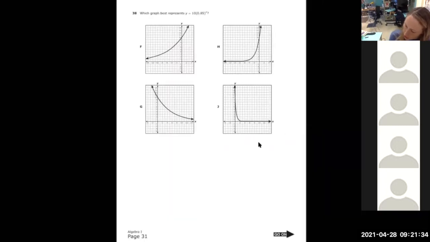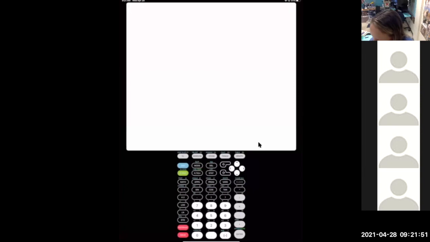All right, which graph best represents y equals 10 times 0.85 to the x power? So all we have to do is plug that equation into our calculator and see which one of these graphs matches it. So 10 times 0.85. So I'm going to go to y equals. I'm going to clear out what I've got in there. And then I'm going to plug in my equation.